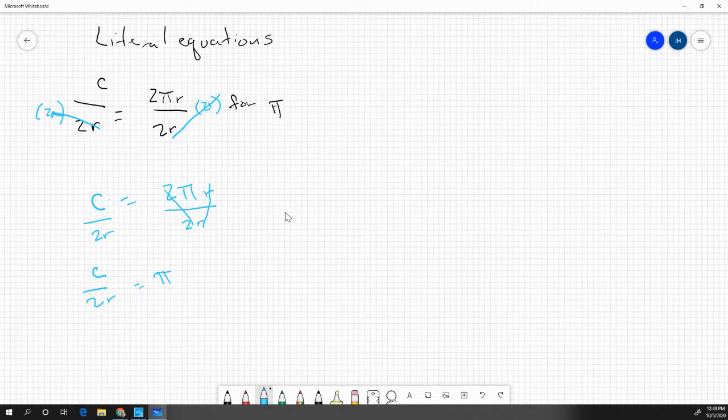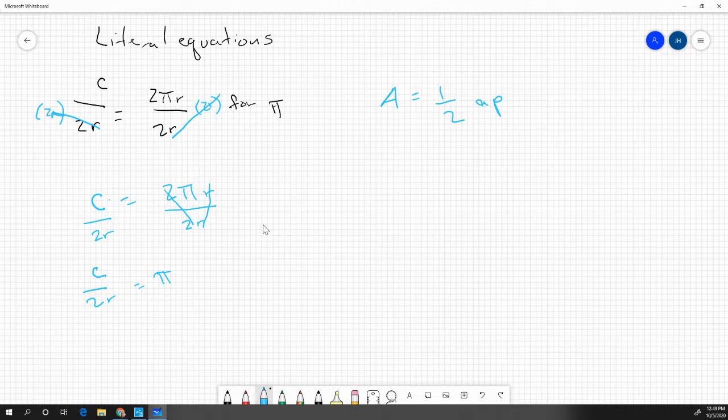So let's look at a different one, because these can be kind of complex. I want to make sure that you have more than one example. Let's look at A equals 1/2 AP. Now, this is for a triangle.